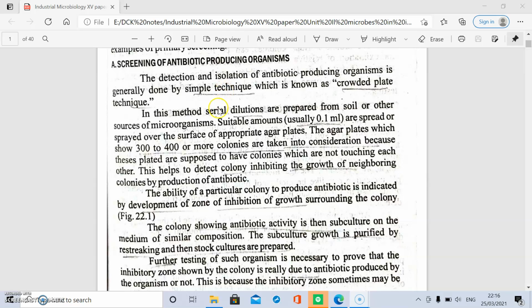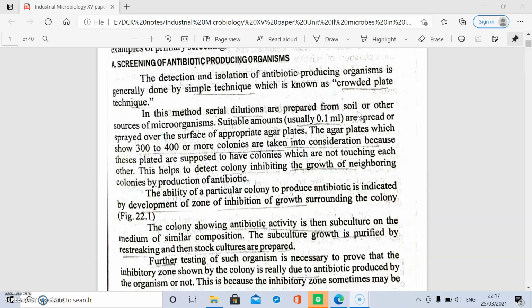In this method, serial dilutions are prepared from the soil. 1 gram of the soil is added to 100 ml of sterile distilled water. From this, 1 ml is transferred to 9 ml sterile distilled water, giving a 1:10 dilution.